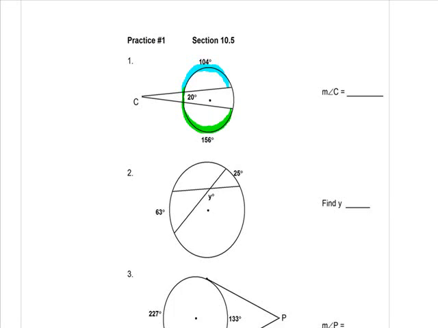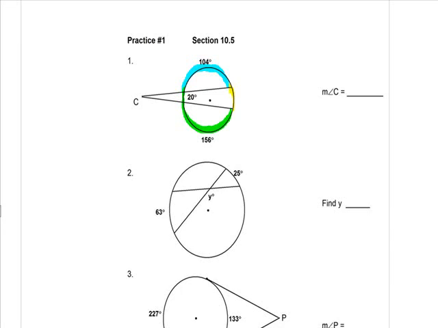They want us to find the measure of angle C, which is an angle outside, so it's going to be half the difference of the intercepted arcs. But they did not give us this arc here that I just marked in yellow. How can I find the measure of that arc before I start my problem?